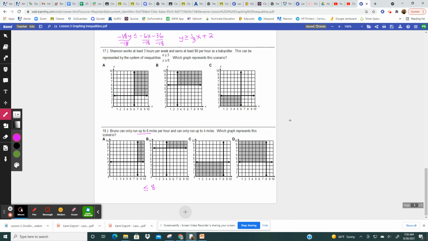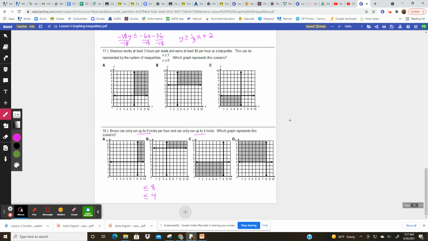And then run up to 4 miles. So again, that is less than or equal to 4. Okay, so we need it to be shaded to the left or below because we don't know which one's which. To the left or below 8, and then to the left or below 4.